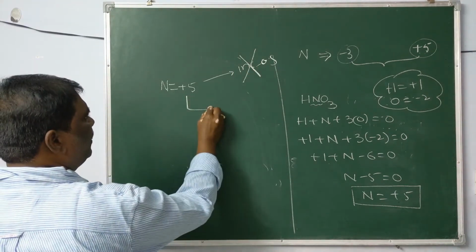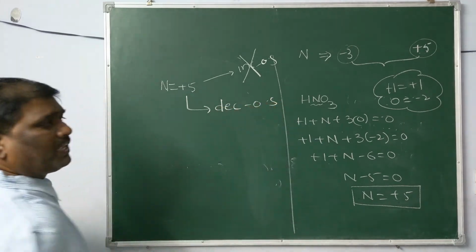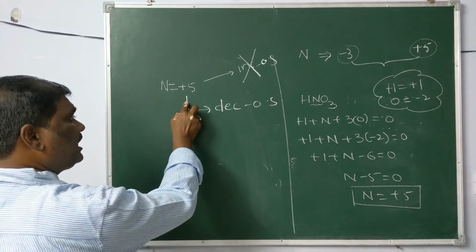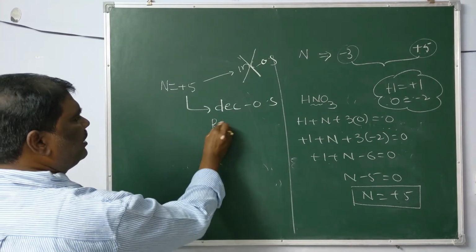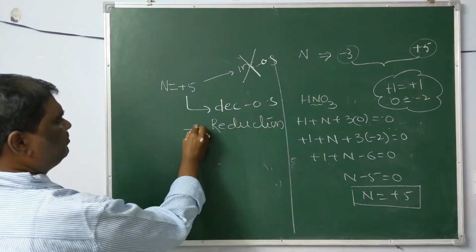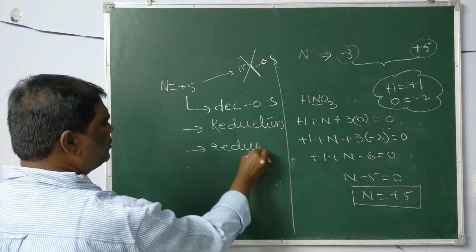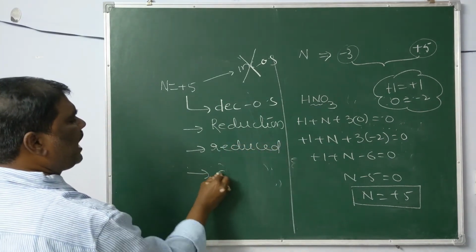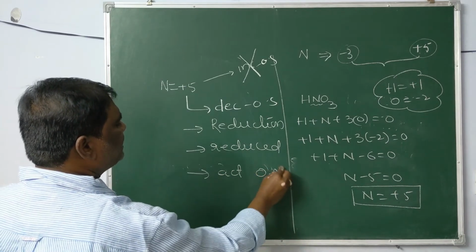But there is only one possibility, it has to decrease its oxidation state. You know, the process which involves a decrease in oxidation state is called reduction. It has only one possibility to undergo reduction. So it has to be reduced.